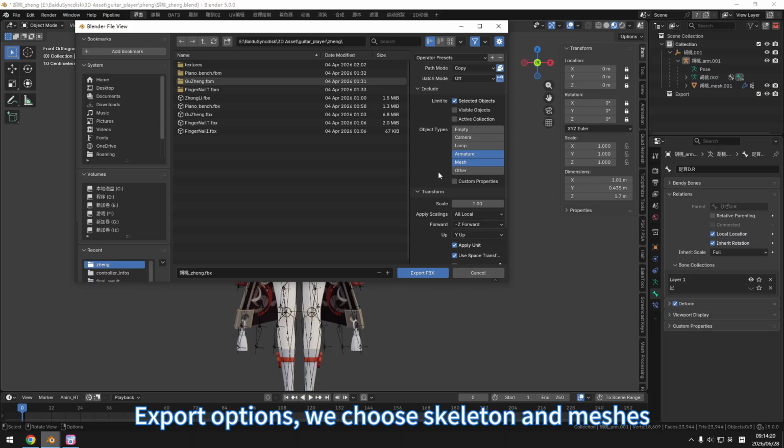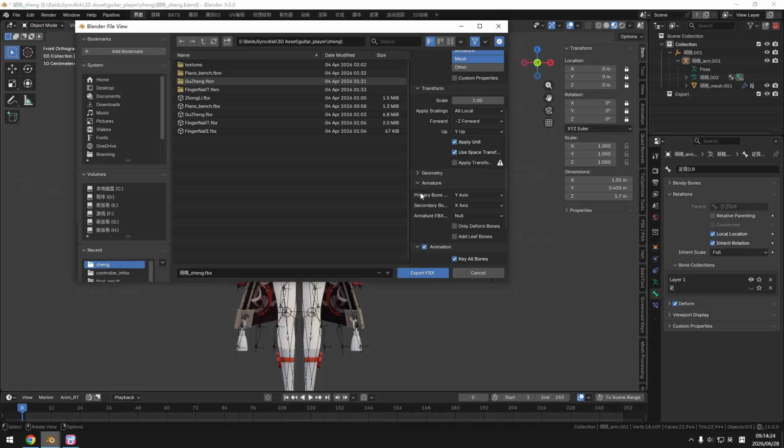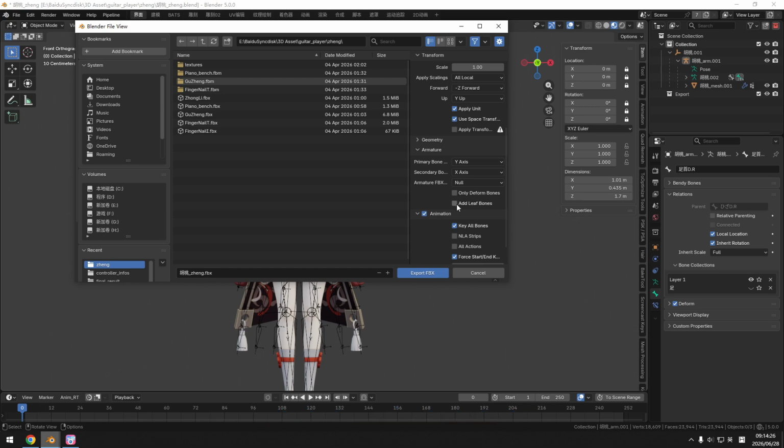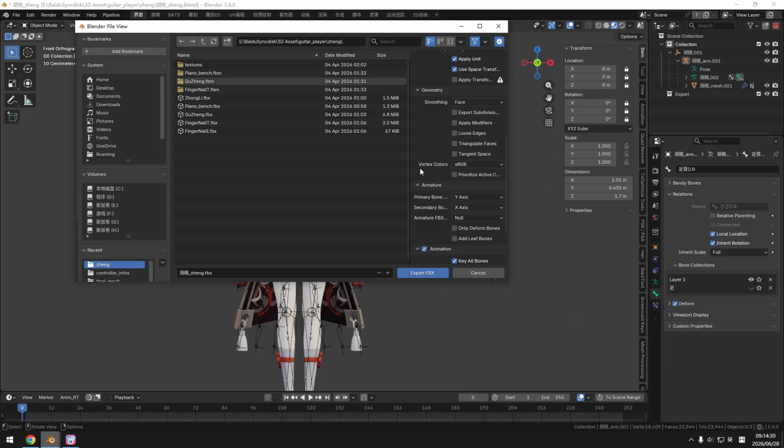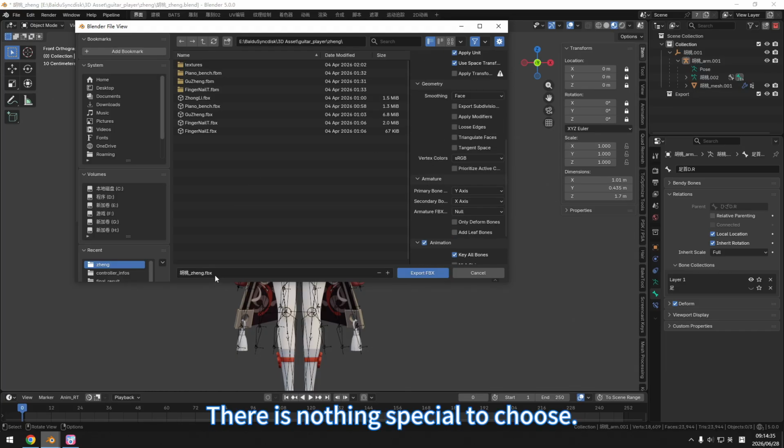We choose skeleton and meshes. And animation, we need to select. Don't select either option. There is nothing special to choose. Just export it directly.